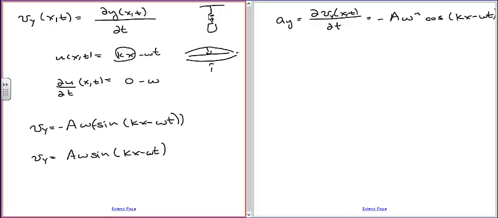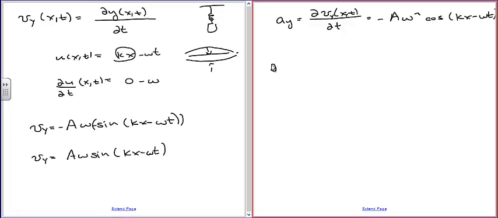Now if you take the second derivative of y of x and t with respect to x instead of with respect to t, what you'll end up getting is, instead of this factor of negative omega, you'll get this factor of k.